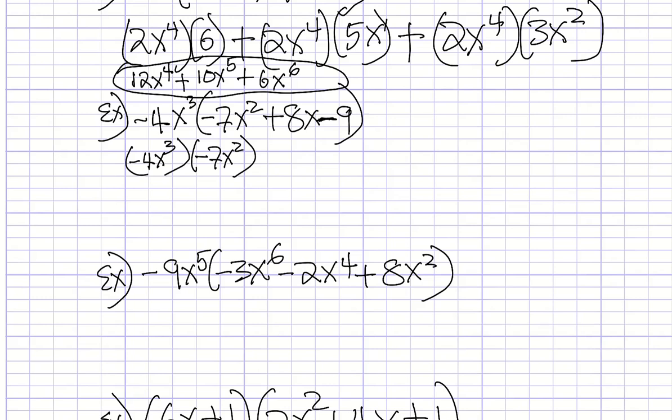And then we say plus minus 4x raised to the power 3 multiplied by 8x, okay, plus minus 4x raised to the power 3 multiplied by negative 9.